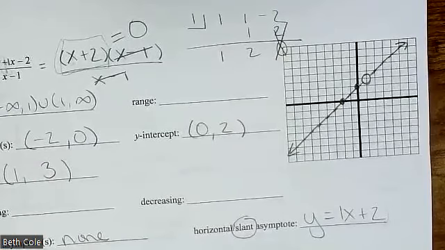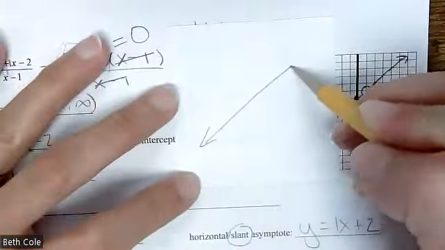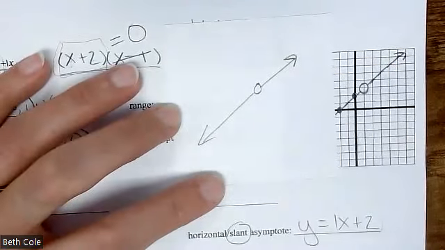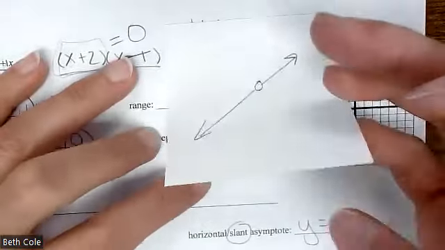Very good. Did you do ones last year that were a line with a hole? Oh, yes, no. If you remember, it's fun. So it's a line with a point missing from it. No, it went straight through it. It's like you have, hold on, I want you to understand. Look at this. You have this line and you just deleted 1 point from it. Yeah, like the asymptote is the line.